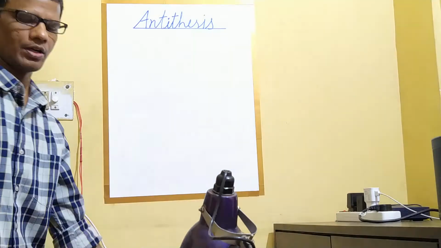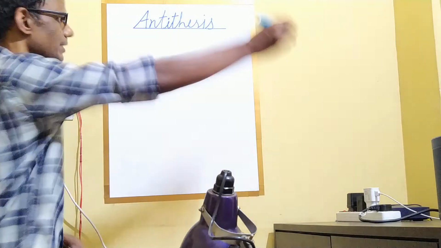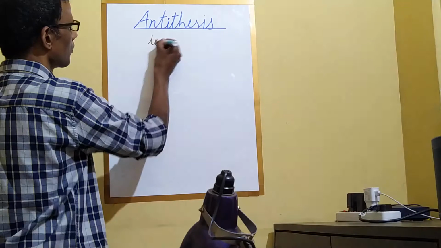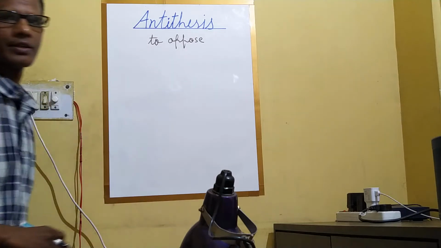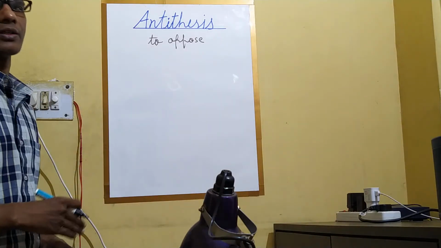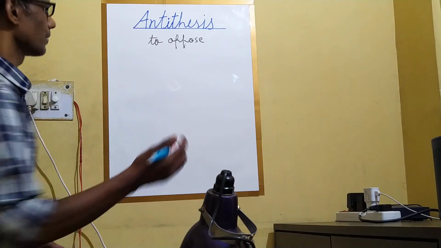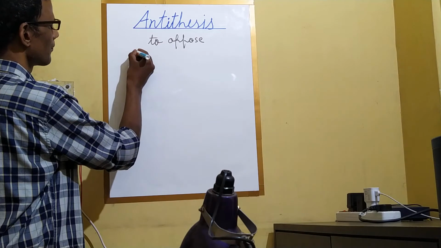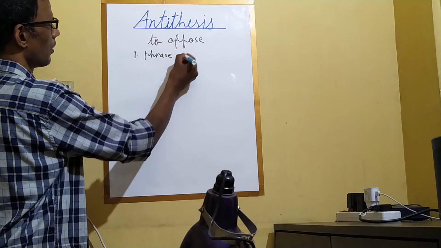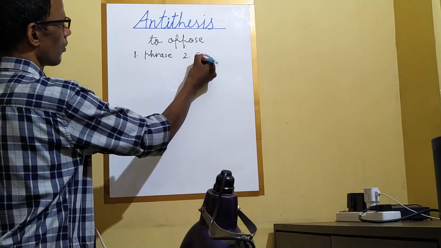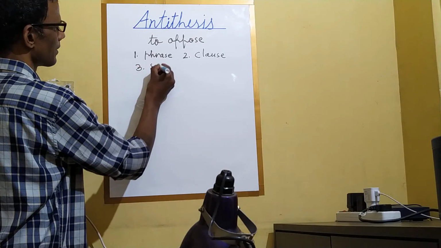Now, antithesis. This is a word which means to oppose. It brings a contrasting effect. Now, where do you see antithesis? You can find it either in a phrase, or in a clause, or maybe in a sentence.